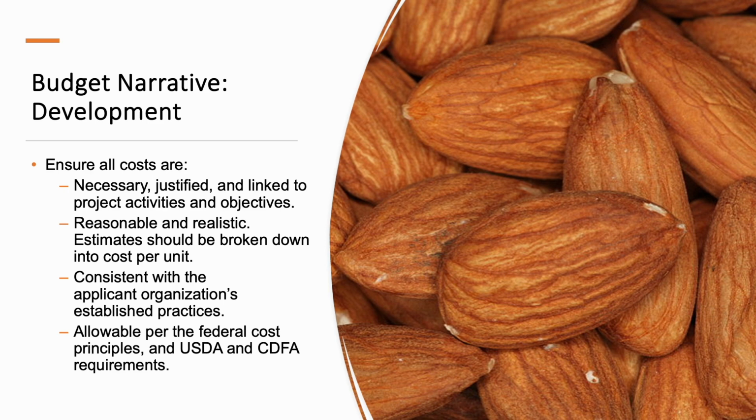We understand that your budget narrative is a best estimate based on current information. However, we ask that you do your homework to make sure your estimates are reasonable and are not over or understated. Providing a breakdown of the cost per unit helps clarify how the estimate for each cost was calculated. Please do not enter any number without a breakdown or explanation.